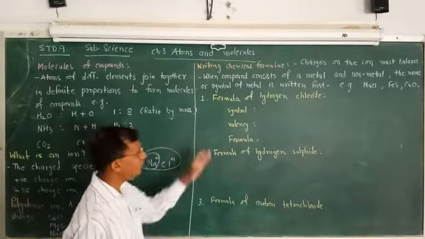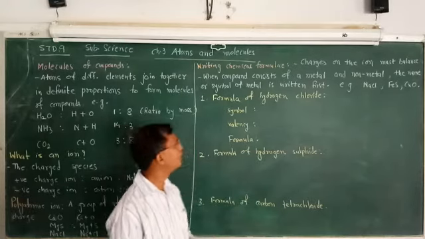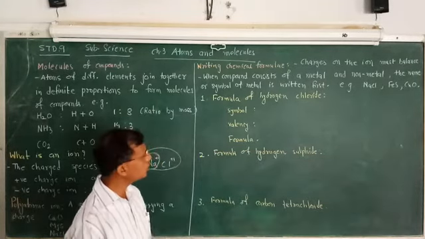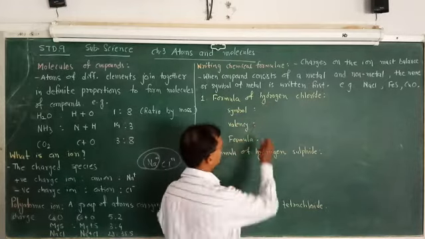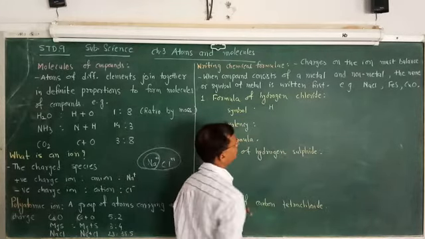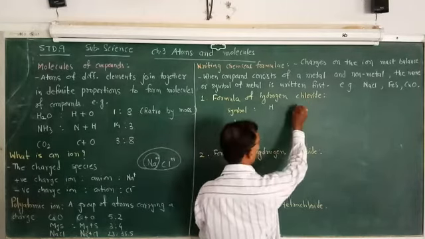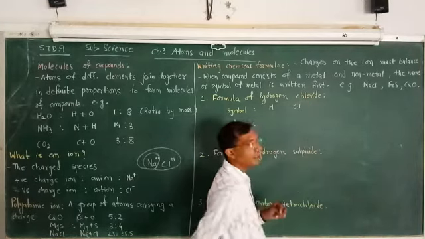Now we write some simple formulas, first hydrogen chloride. The symbol of hydrogen is H, and the symbol of chlorine is Cl.